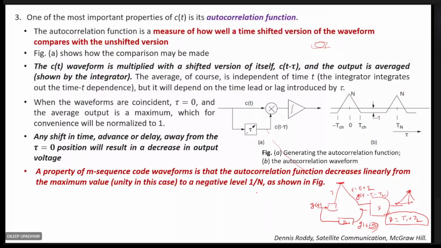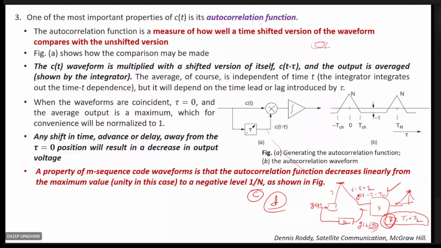So knowing the speed of the signals and knowing the time delay, that is how much time it takes to go and come back, that is d, we know. From that we can calculate the range of the target. Okay, these applications I will be discussing later on, but here I wanted to give you the basic idea about the applications. That is the great application of this autocorrelation function.